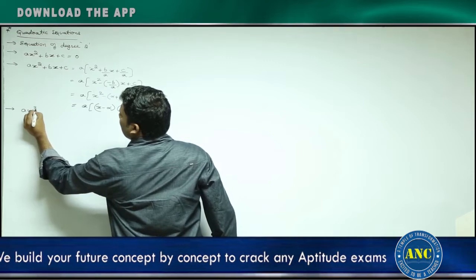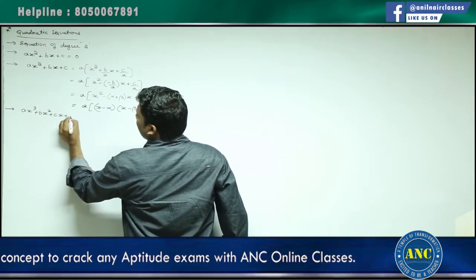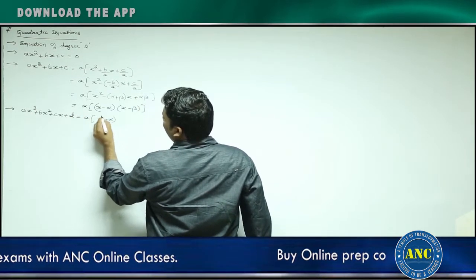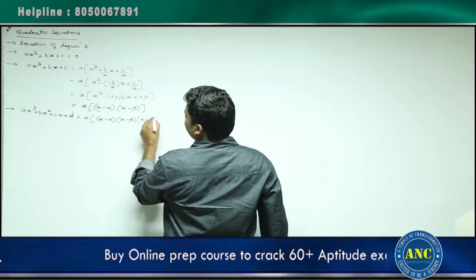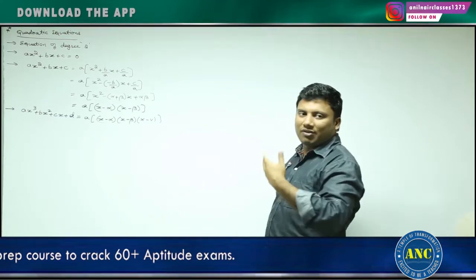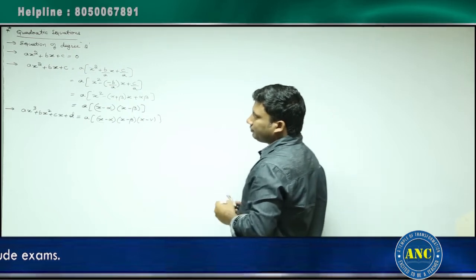Similarly, if the degree is 3, ax cube plus bx square plus cx plus d equivalent to a into x minus alpha, x minus beta, x minus gamma. Similarly, if the degree is 4, a into x minus alpha, x minus beta, x minus gamma, x minus some other root.